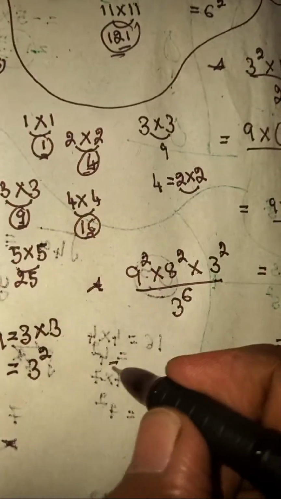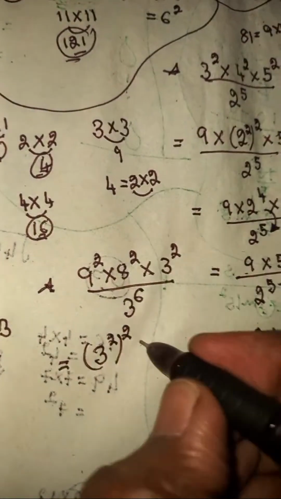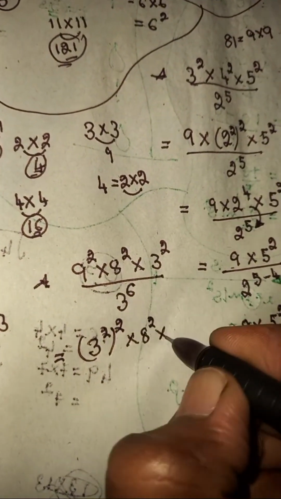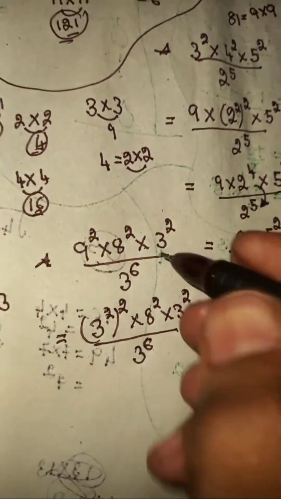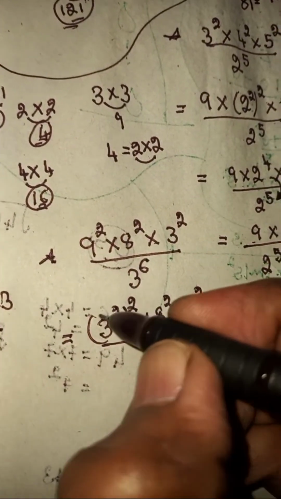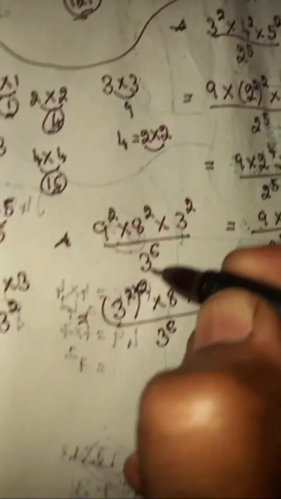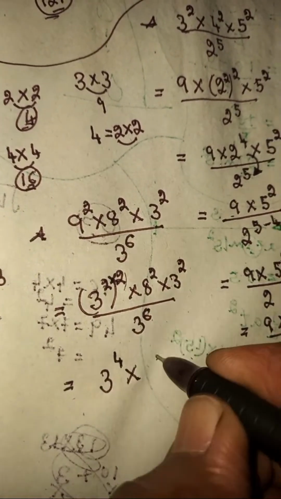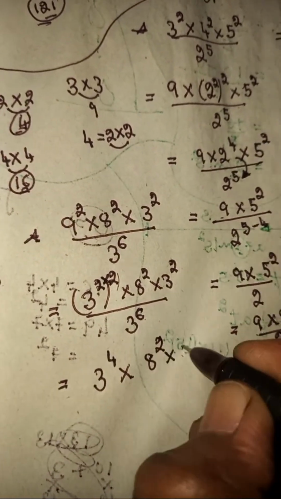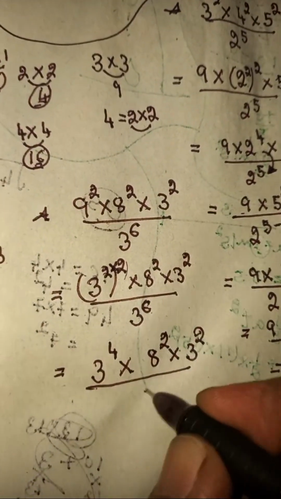So you can write this as 3 square whole square times 8 square times 3 square by 3 power of 6. Here 2 times 2, when a bracket is given you can multiply powers. 2 times 2 is 4, so it becomes 3 power of 4 times 8 square times 3 square divided by 3 power of 6.